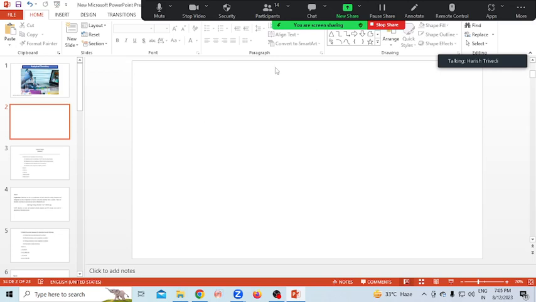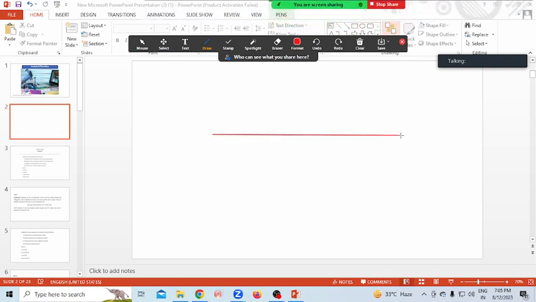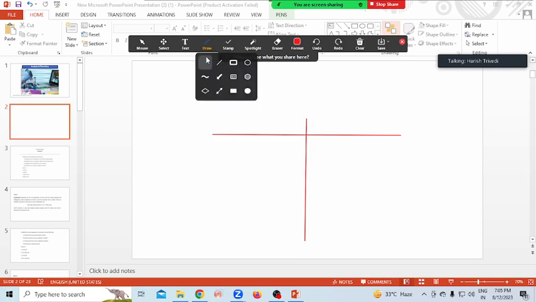Let me draw. Suppose this is the middle part of the balance, and you have two pans of it.